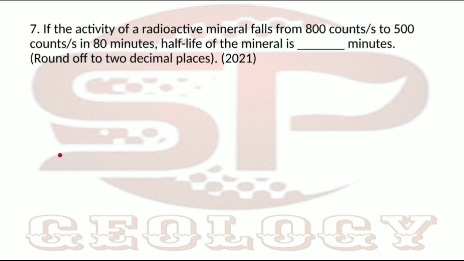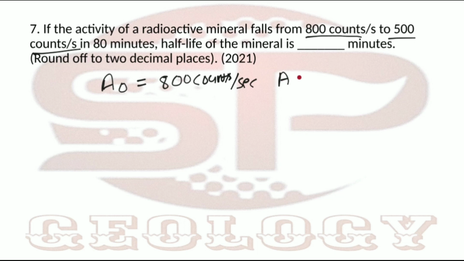If the activity of a radioactive mineral falls from 800 counts per second to 500 counts per second, they are given activity A0 is 800 counts per second. A is given 500 counts per second.